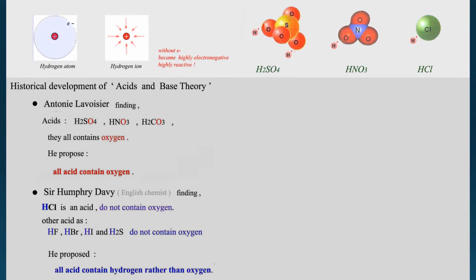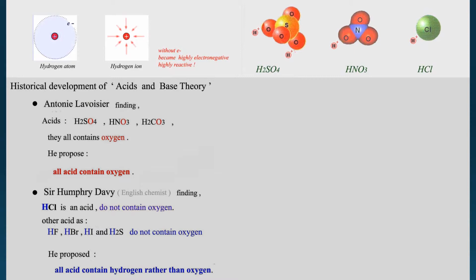Humphry Davy found that HCl does not contain oxygen, and yet it is a strong acid. And he also found many examples: HF, HBr, HI, H2S, they all do not contain oxygen.